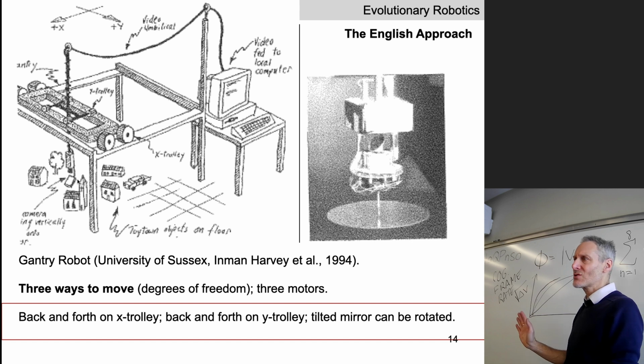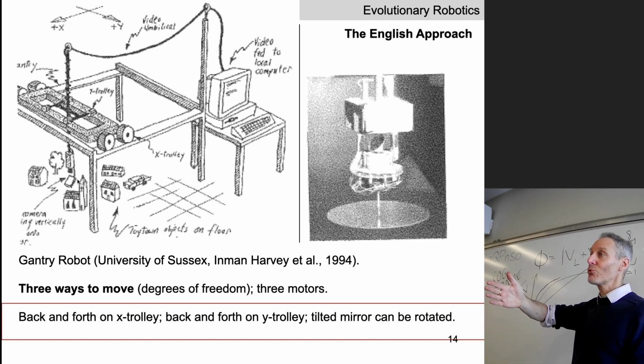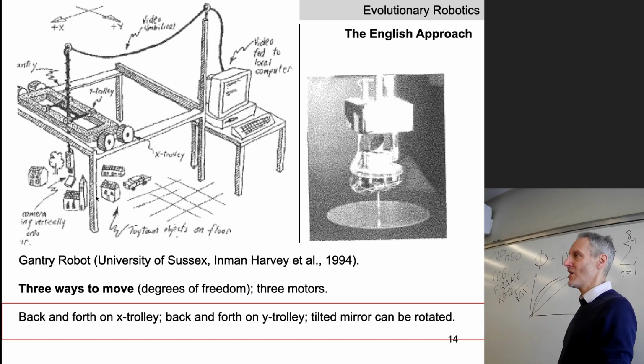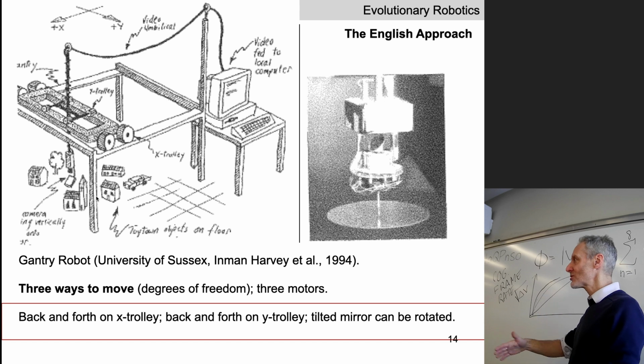We don't know what it's supposed to do, but you can assume that at the beginning, when we download a random set of synaptic weights, the robot's going to crash into things and probably not do a very good job of what we want it to do. Crash, crash, crash, crash. Keep sending controllers, and after hundreds or thousands of controllers downloaded onto this Gantry robot, it's hopefully going to start evolving to do a better job at whatever it is we want it to do.